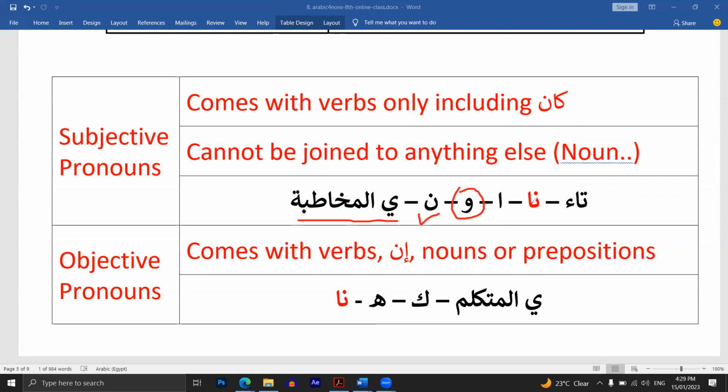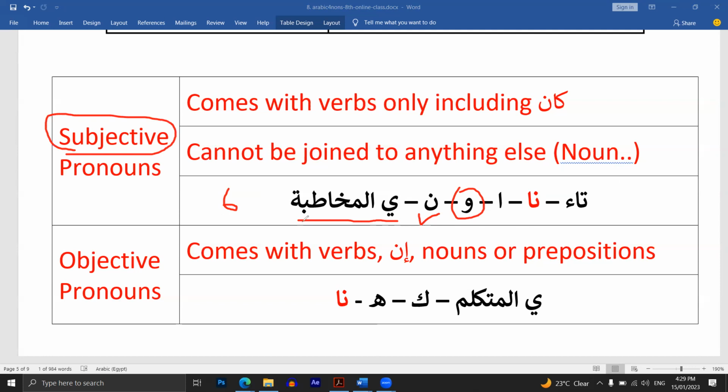So these 6 types of pronouns, once you see one of them connected to a verb, it will automatically be the subject of this verb. That's why I put it under subjective pronouns.